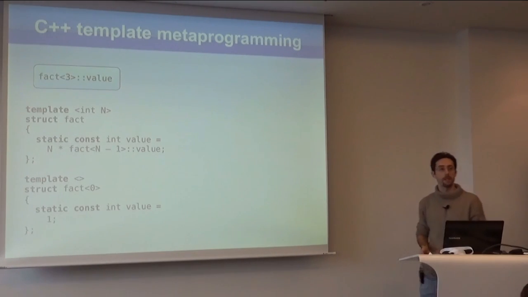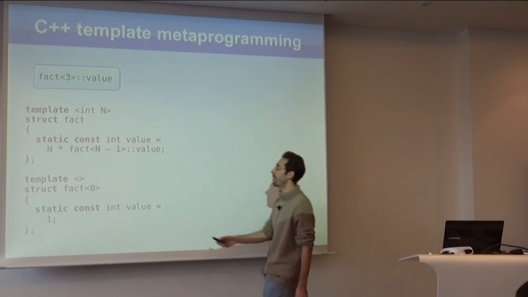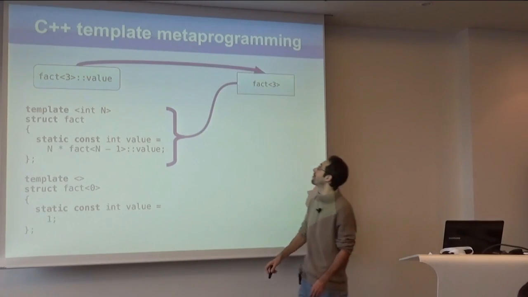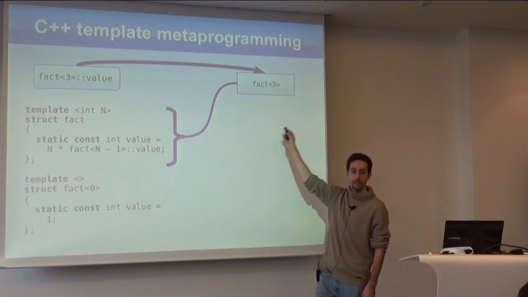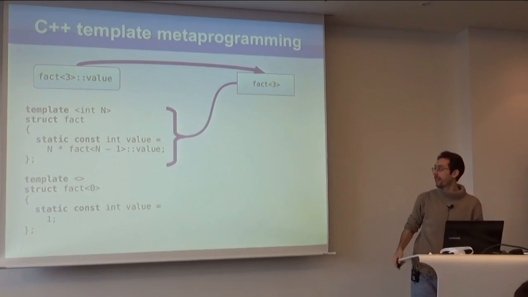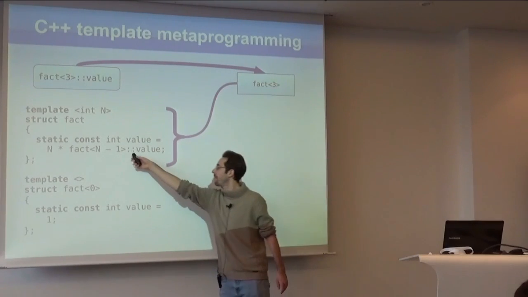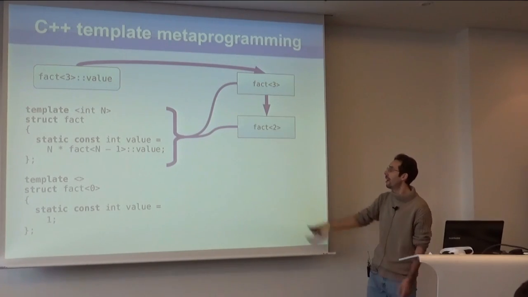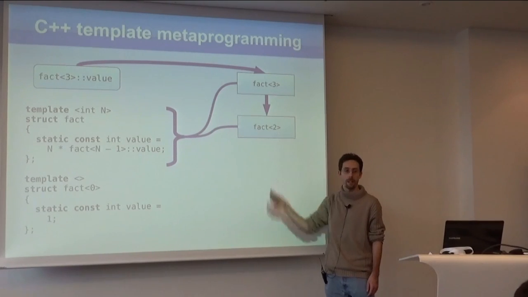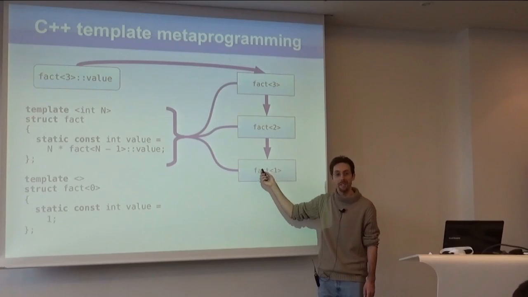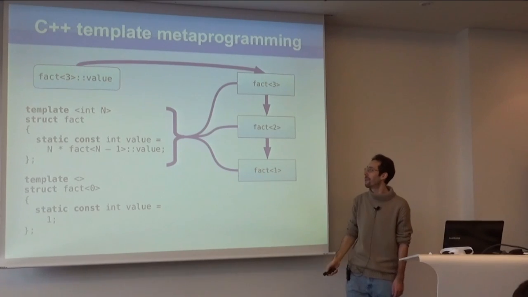So here is an example of using it. You say that I want to calculate the factorial of 3. And when you do that, the compiler will instantiate this template class with 3 as its argument. And then because of this recursive evaluation call, it will execute factorial again, this time with 2, and it will instantiate factorial again, this time with 1.